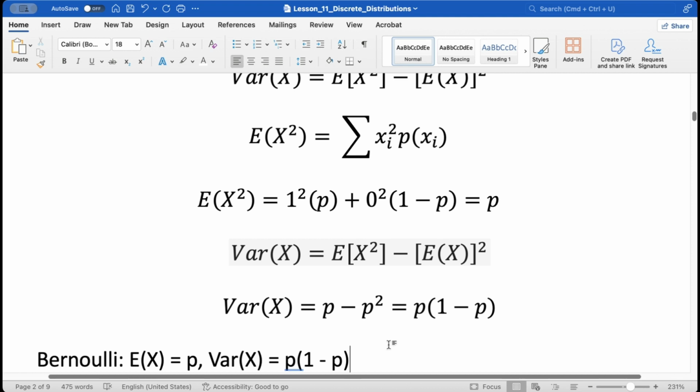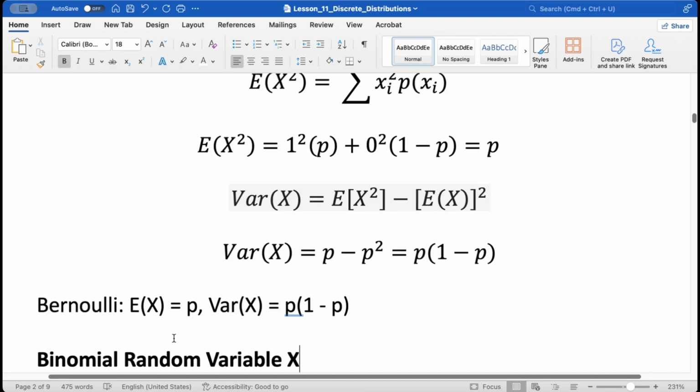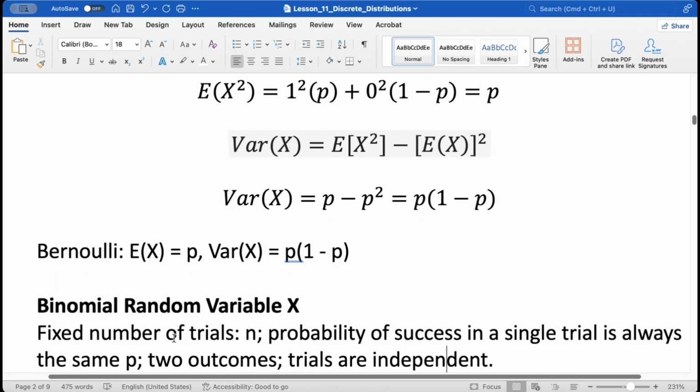So summarizing, for a Bernoulli random variable, the expected value is equal to p. The variance is p times 1 minus p. Now we can view a binomial as a sum of Bernoulli, but we'll recall the criteria for a binomial. You have a fixed number of trials, n.